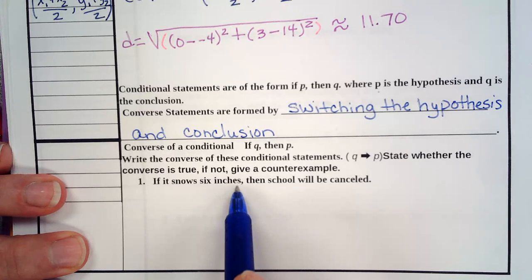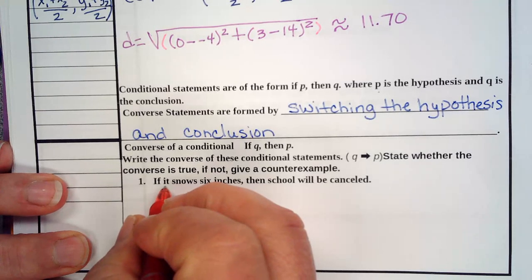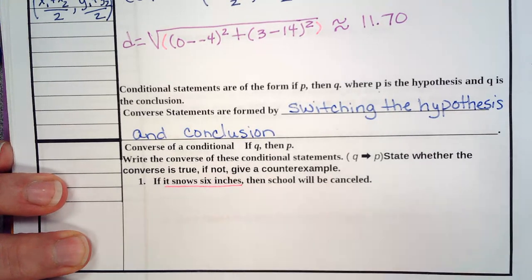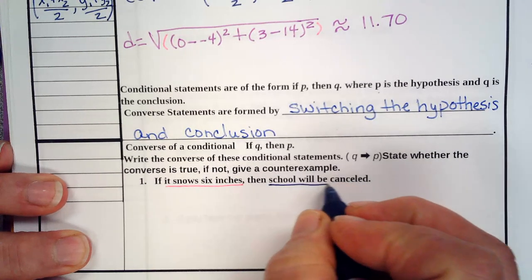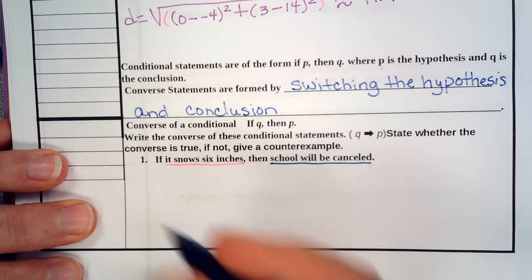If it snows 6 inches, then school will be canceled. So the hypothesis is it snows 6 inches. The conclusion is school will be canceled. So let's rewrite it.